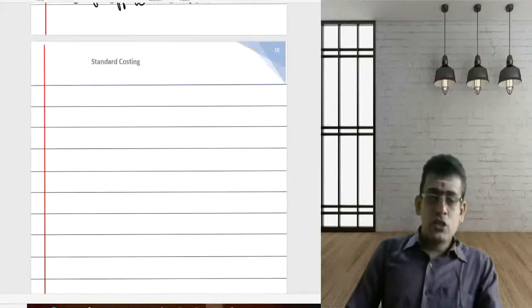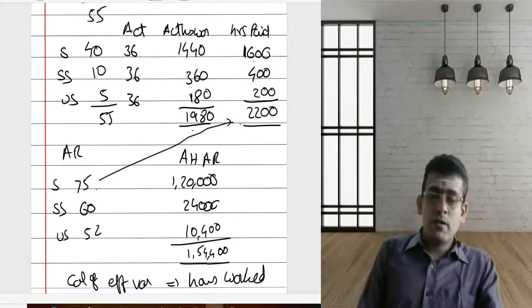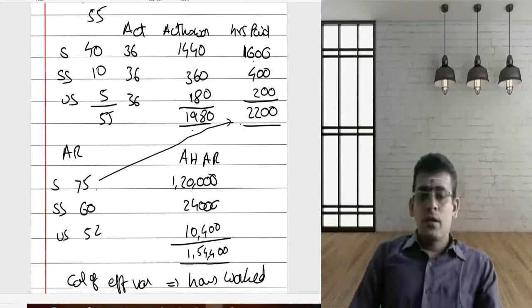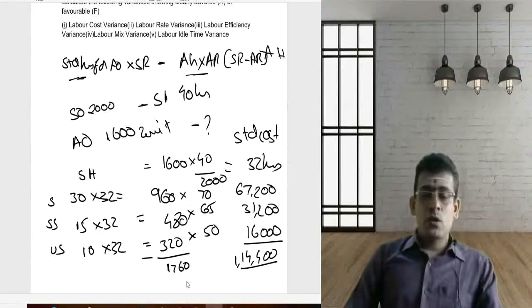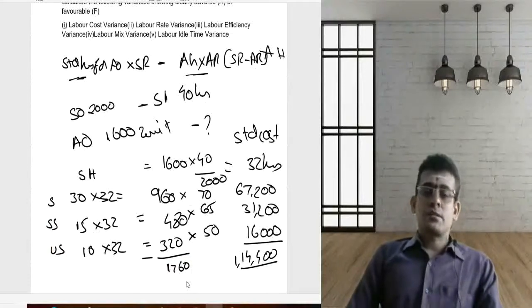For calculation of rate variance, I need to consider hours paid. So here for efficiency variance, always I have to consider my hours worked. 1980 is the hours worked, but your total hours you are supposed to work for 1780, you are working more, you are getting an adverse. That's what is something called as the efficiency variance.